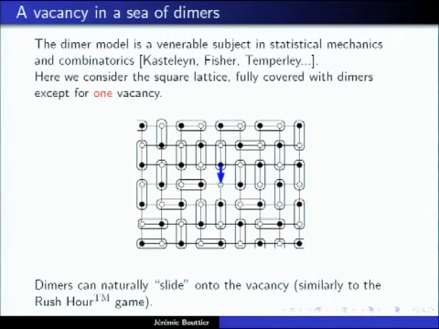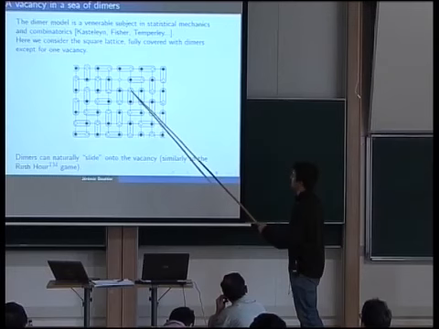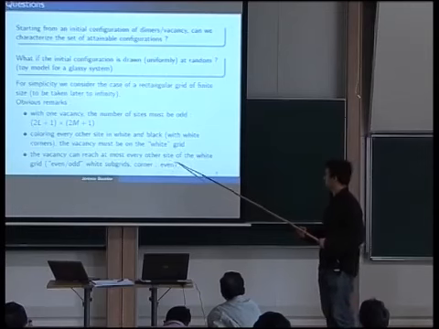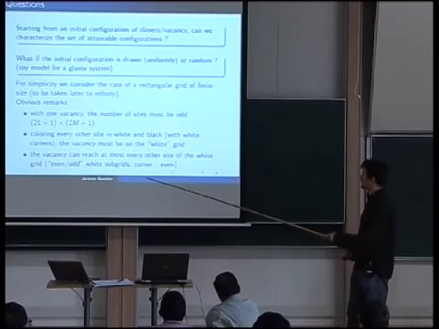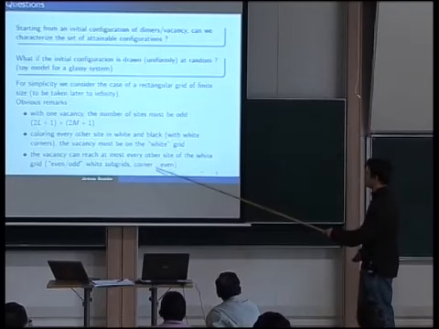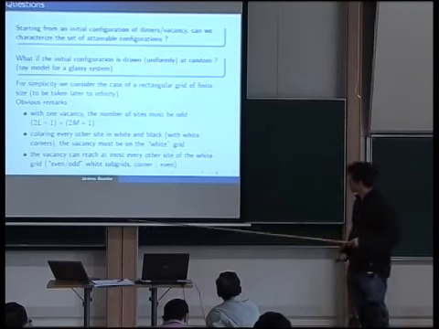You see that with every move, the vacancy jumps by two sites, and it can never go to the other sublattice of opposite parity. So at most what you can do is reach every other site of the white grid. We call these the even and odd white subgrids, and by convention we say that a corner is even.